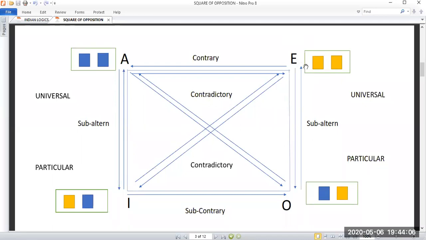So automatically it becomes true. If this is false, this is true. If this is true, this is false. Like this it is contradictory. Do you have any doubt in this? Are you getting me what I am telling?